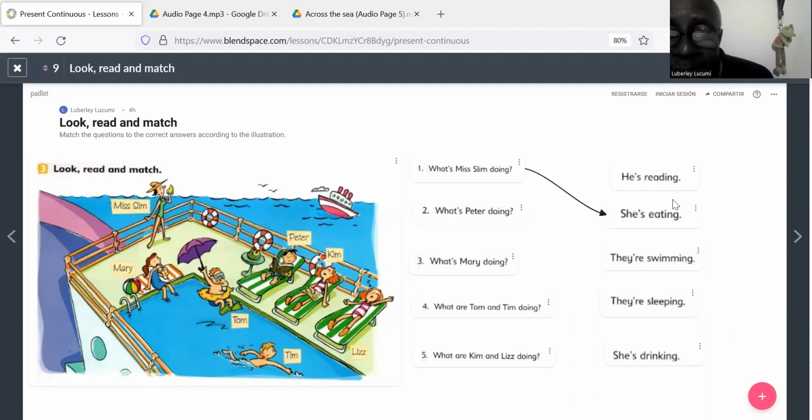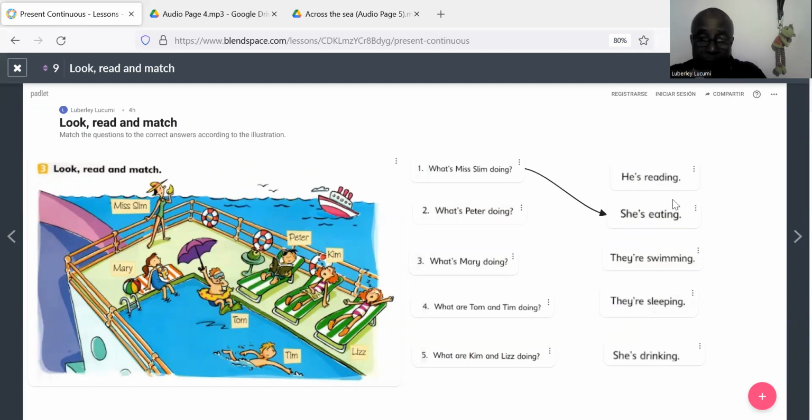Okay. The first one is an example. What's Mrs. Slim doing? And the answer, you have to join: she's eating, according to the image. Okay, according to the picture.